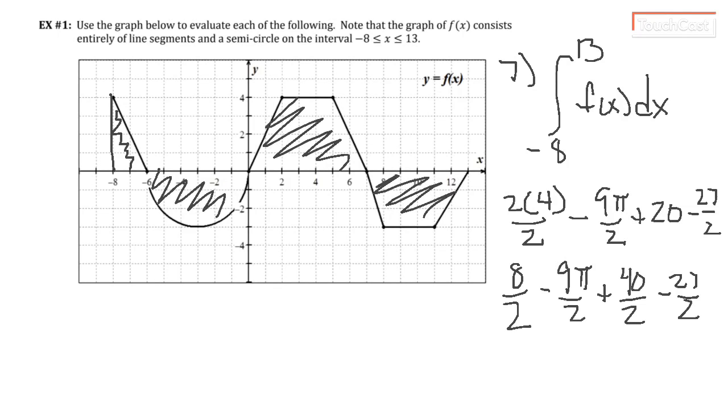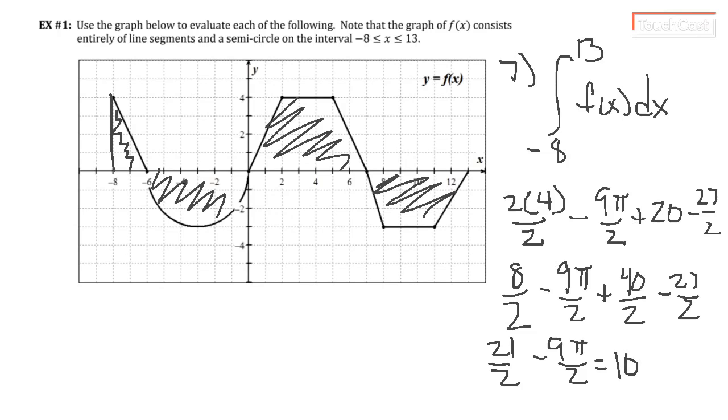Now, I'm totally fine with just combining parts that don't have pi yet. So if we went 8 plus 40, that's 48. And if we subtract 27 from that, we get 21. So 21 over 2 minus 9 pi over 2. Well, 21 over 2, we can just write it as 10.5.